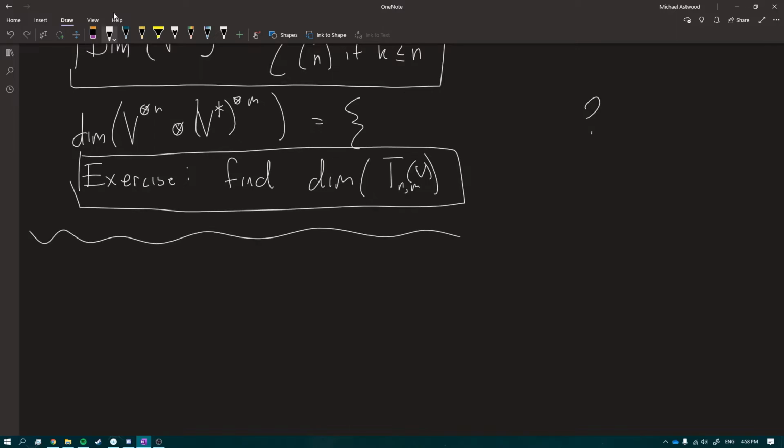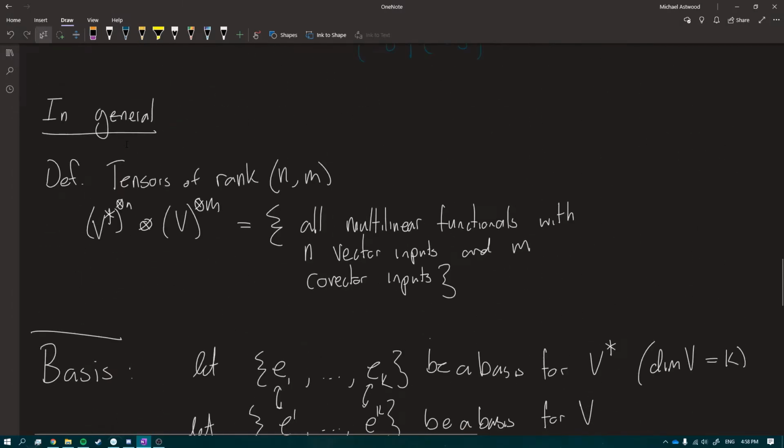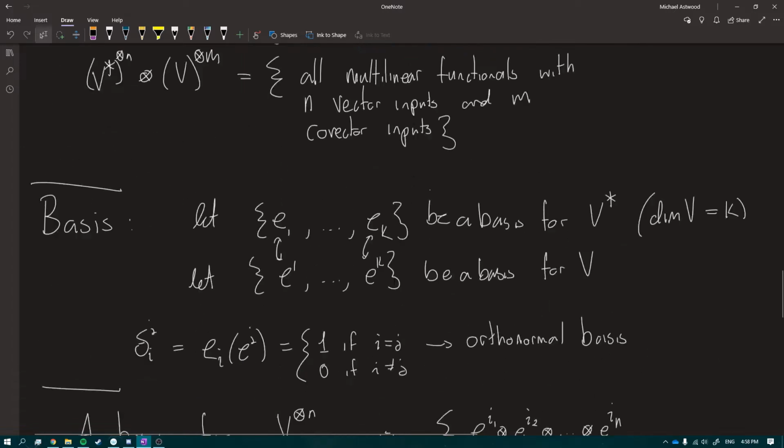So now we've covered tensors, and you might be a little bit confused because these objects are a little bit simpler than you might have thought. They're all just multilinear functionals, and they have n vector inputs and m covector inputs.